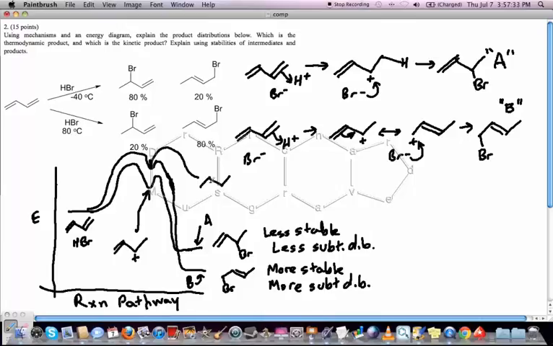And you can see that there's going to be a stability difference in these particular carbocations. This carbocation is primary, so it's less stable. And this is a secondary C+, so that's going to be more stable.